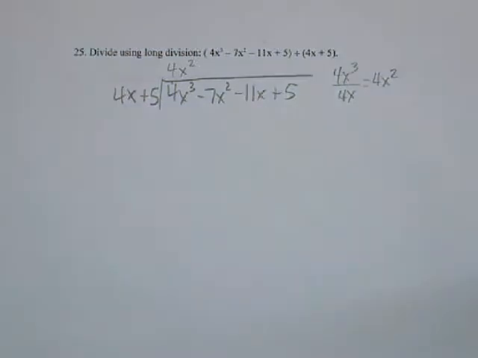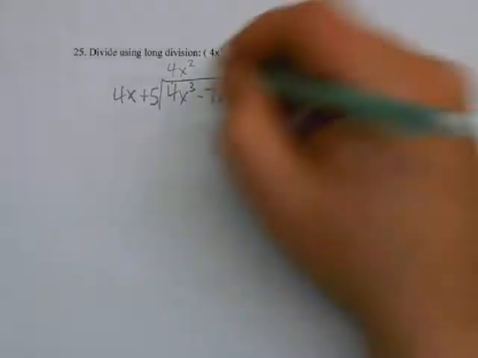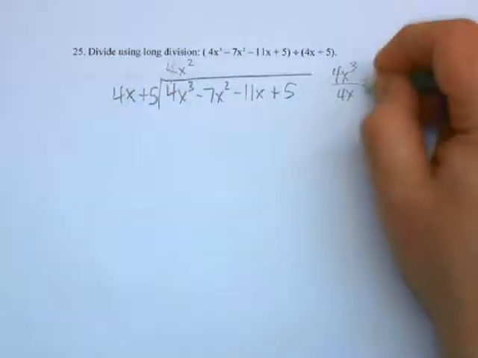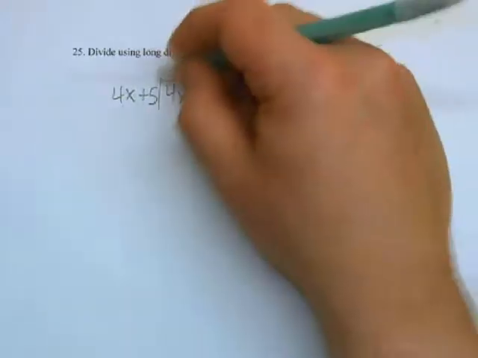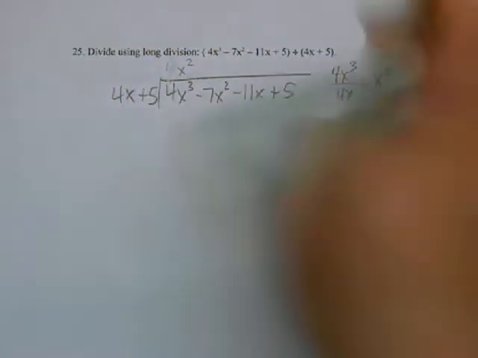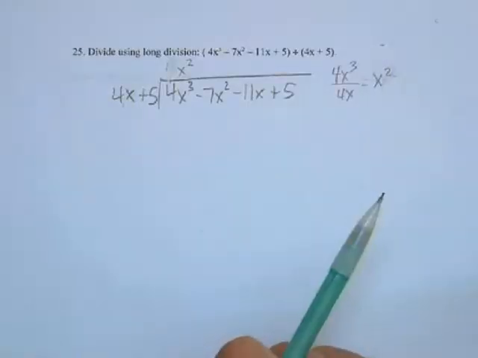Then I go ahead and multiply that out. I'm sorry, I just spaced out there. Let's try that again. 4x cubed divided by 4x is x squared. There we go. Two mistakes in one video.